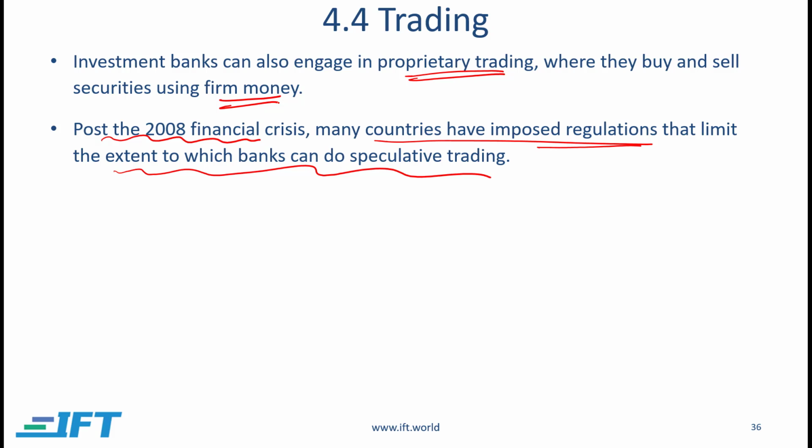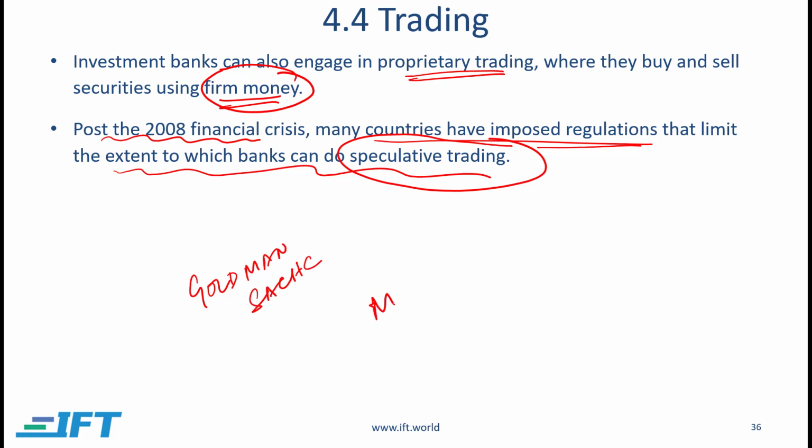So proprietary trading by investment banks is discouraged, and not only for this reason, but also because if they get into speculative trading using their own firm's money, it could wipe out their own equity, and if their own equity gets wiped out, then they will come down, and they usually owe each other money as well, right? So you might have Goldman Sachs owing money to Morgan Stanley, and Morgan Stanley owing money to JP Morgan.